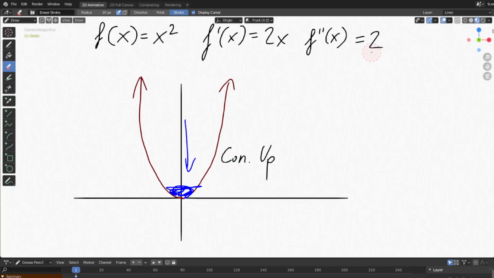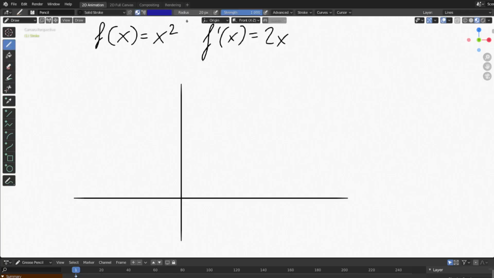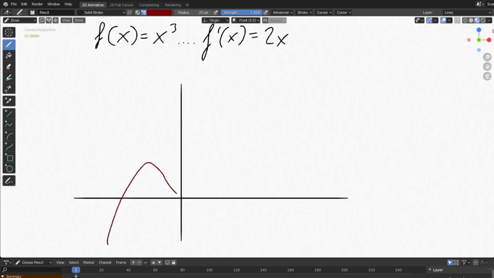Now, I would say we'll go back a little. Actually, we'll just do it now since we're talking about concavity anyways. X squared is a pretty simple one. If I were to do x cubed, okay, well, we're just gonna pretend that it's just some random trinomial. So I'm gonna put x cubed dot dot dot, and I should make this colored, and it's like that.